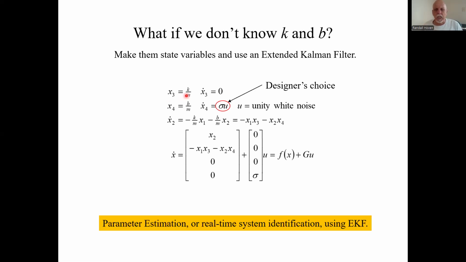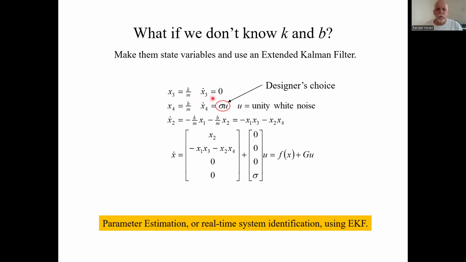Now I'll make those guys state variables themselves and make it a 4-variable state vector. Call X3 this K over M and X4 this B over M.